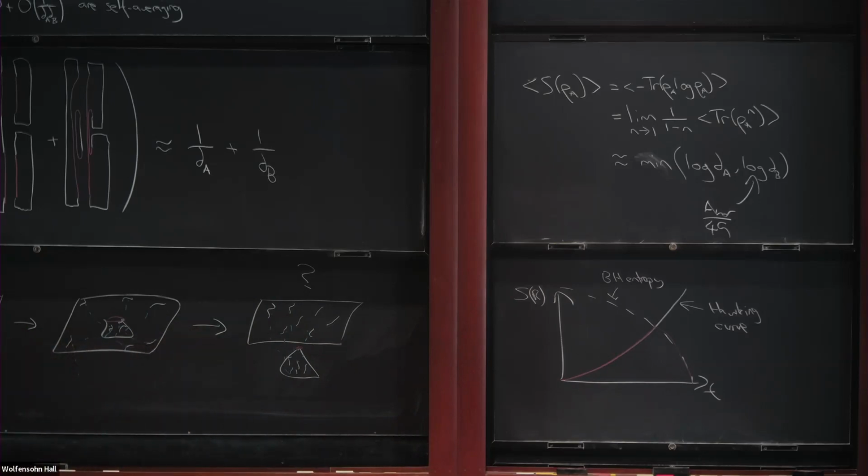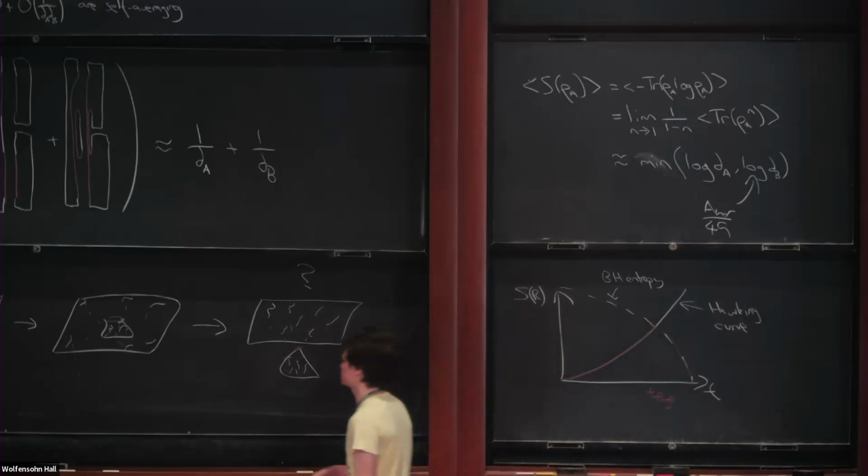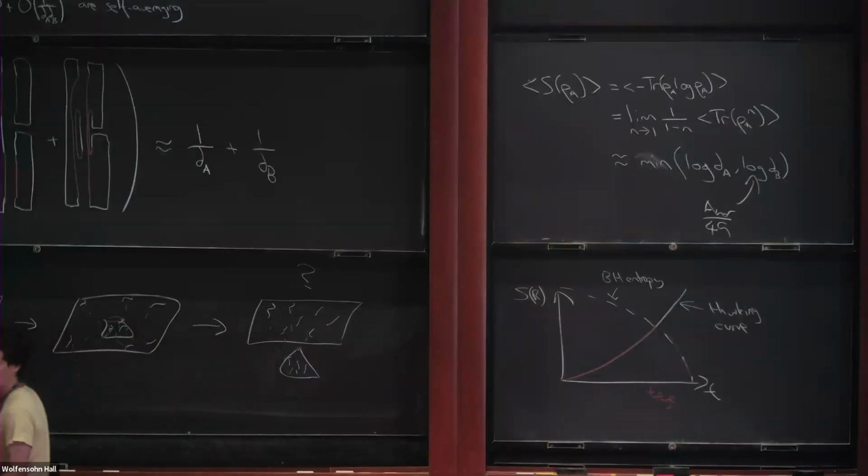So the sort of old story, I think people would have maybe said, is that this picture is just completely nonsense after the Page time. So this is the Page time where the Hawking and Page curves diverge. And then something needs to change so that this state of the Hawking radiation starts changing.